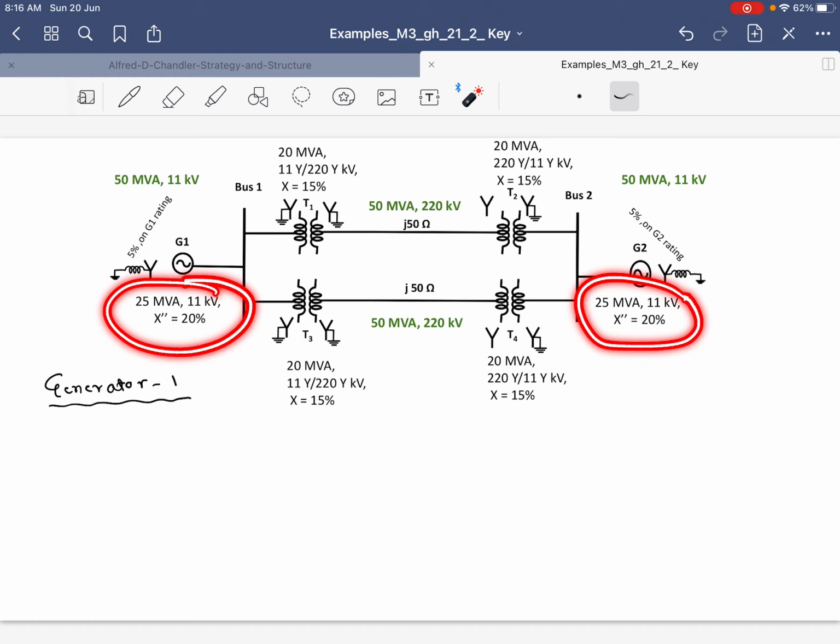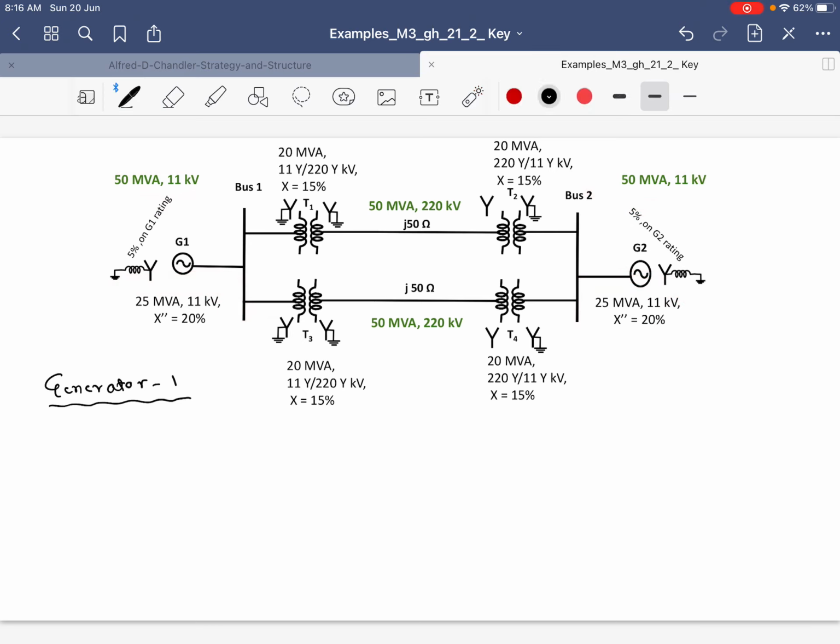Everything is the same, therefore whatever you calculate for generator 1 holds good for G2 also. At the same time, the base quantity is also the same here. Therefore, I will write here for generator 1 and 2.